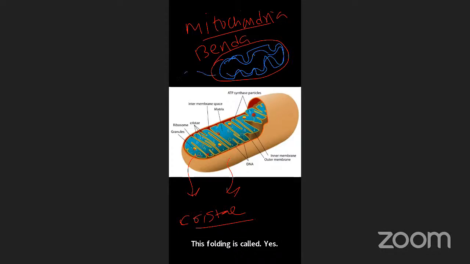This is called the intermembrane space, and this is called the matrix. So the cristae are also double membrane. First, in the matrix, the Krebs cycle takes place. But in the cristae layer, electron transport takes place.